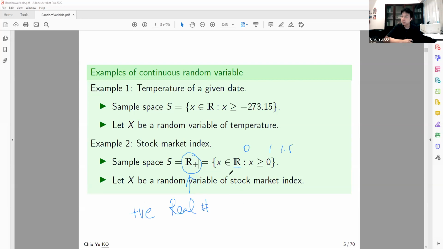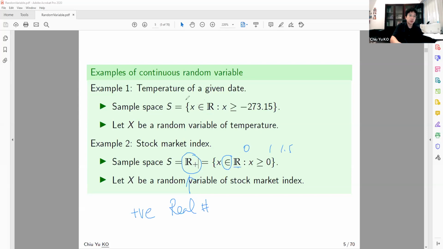Choi Lam, please ask. Where do I have E? Oh, someone asked me about the E. This is R, real number. Oh, this is E. Oh, you asked this. It means belongs to. So this is a set notation.